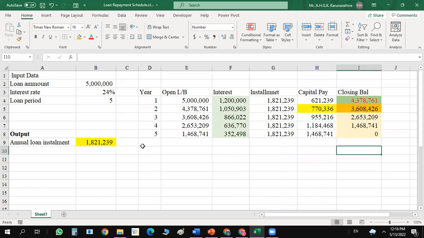In corporate finance, there's a concept called the term structure of interest rates.